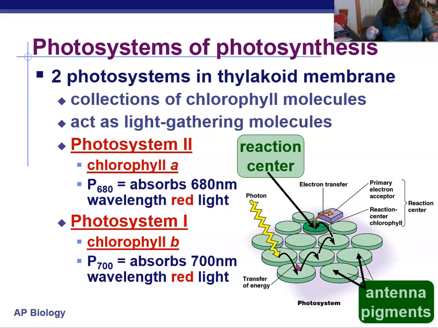It excites those electrons. Picture in your head a ring diagram of an atom, right? You've got the nucleus in the middle with the protons and neutrons. Then on the outside, you've got the electrons orbiting.